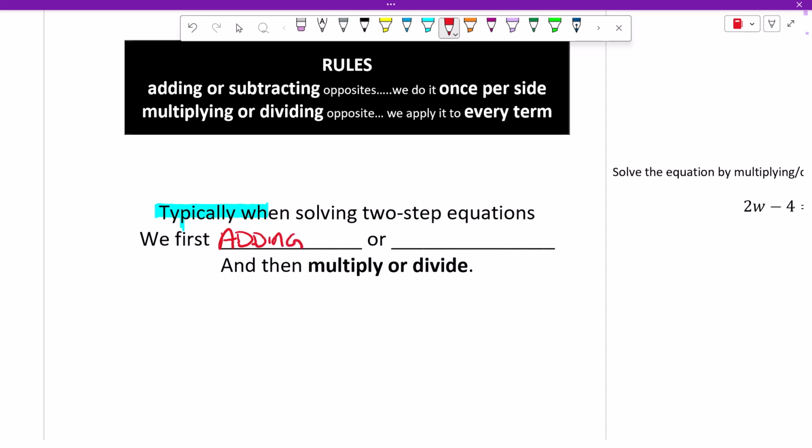It's usually just easier to do that one first. Get rid of that number first, then go for the one that's multiplying or dividing, okay? Usually that is the easier route, all right?